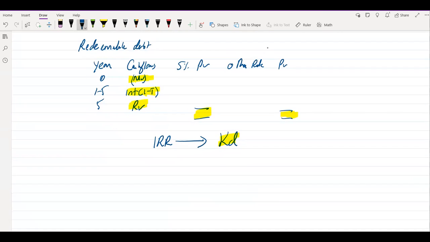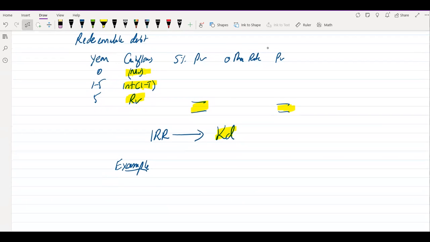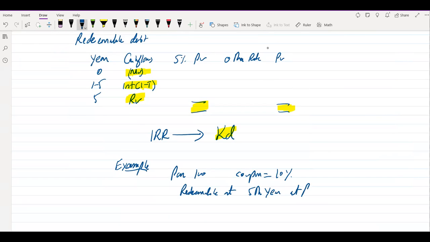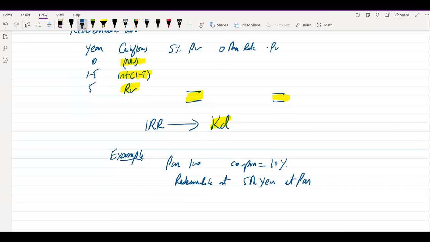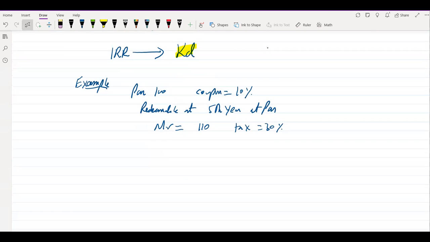So let me explain with the help of an example. Par 100, coupon, for example, 10%, redeemable at the 5th year at par, market value, for example, 110, tax is, for example, 30%. So traditionally, how to calculate this?